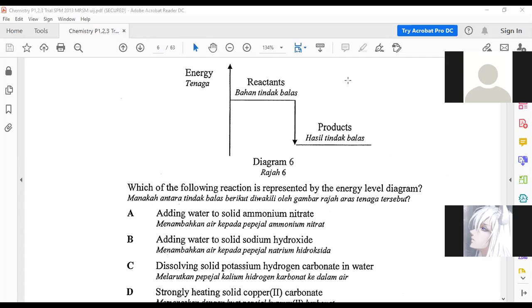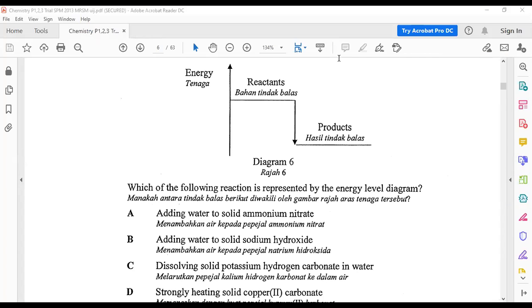Yuan Kai, can you help her? The total energy of product is lower than the total energy of reactant. Okay, now maybe you can't hear him, but I can hear. He was saying that the energy level of the products is lower than the reactants. I repeat, the energy level of the products is lower than the reactants. Okay, therefore heat is released to the surrounding.